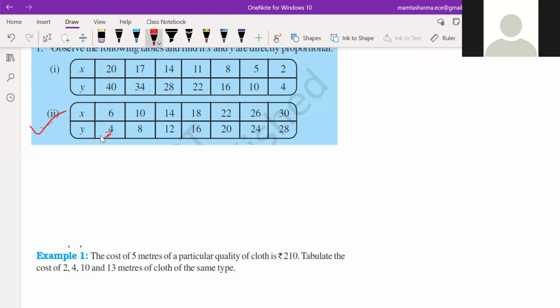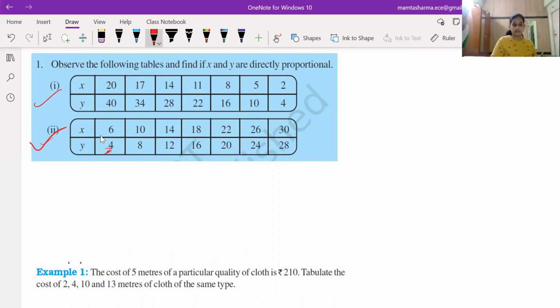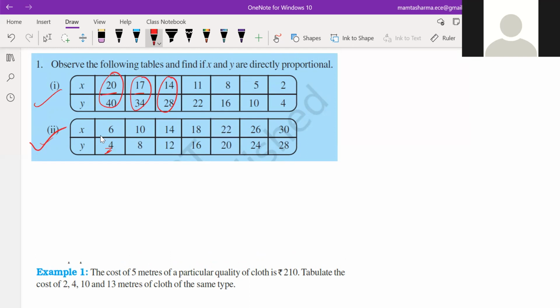Correct. And the first one? Ma'am, the first one is directly proportional, because every time the ratio is 1 by 2. Ratio is the same for all the rows. So this is yes, this is no.